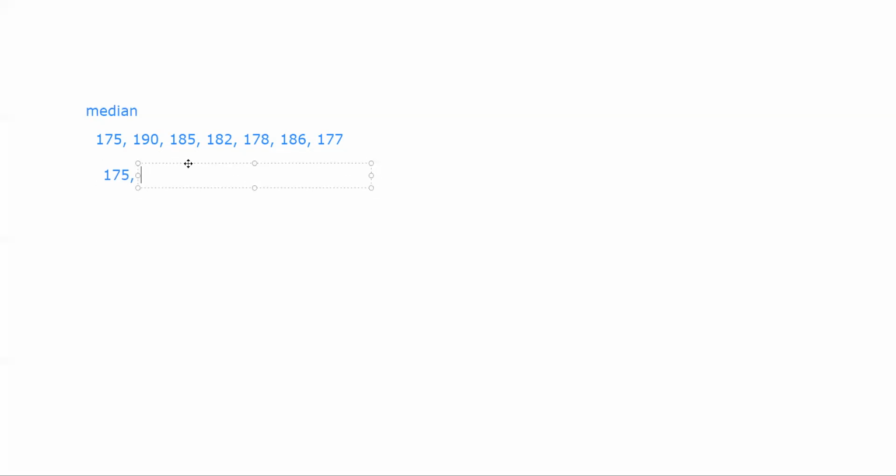So we will write 175, then the second number is 177, and third one is 178, and after that it is 182, then 185, then there is 186, and then there's 190. So this is how arranged data looks like.